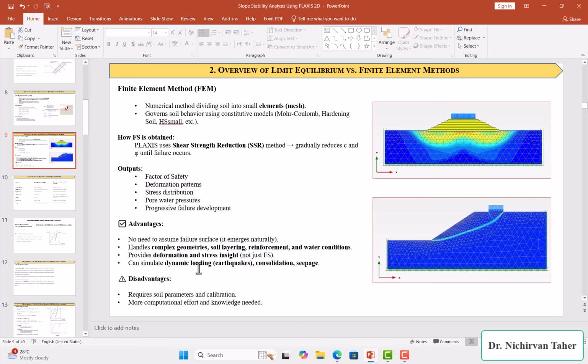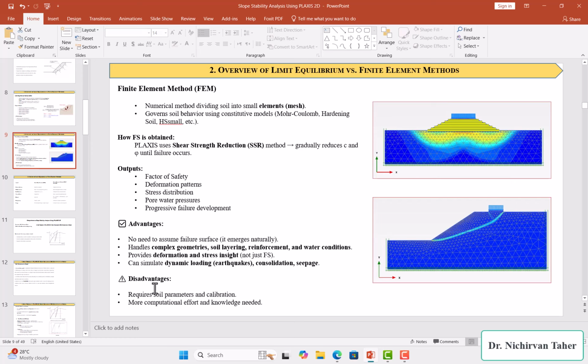Also, it provides a deformation and stress pattern inside the slope, not just the factor of safety. Also, we can see or estimate the effect of dynamic loading or earthquake, consolidation and seepage using this finite element method.